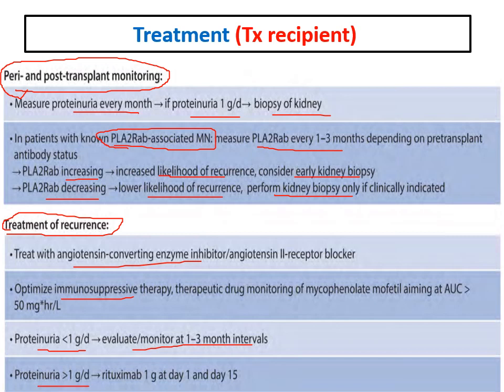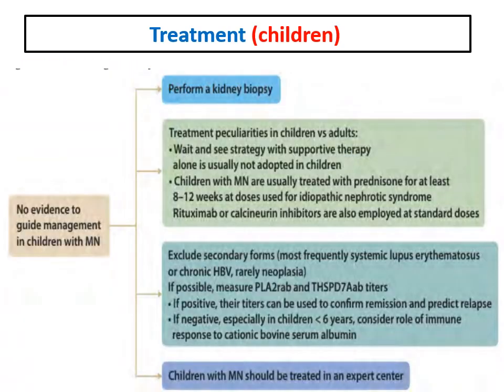If the proteinuria is more than 1 gram, we can treat with rituximab 1 gram, 2 doses, 2 weeks apart. This is how we treat recurrence and how we follow the transplant recipient after transplantation.